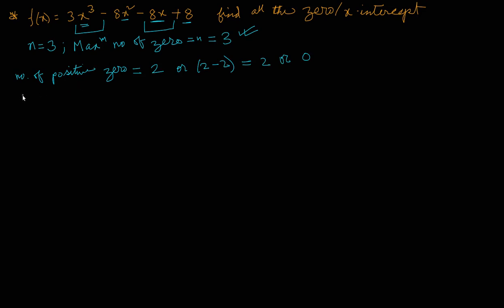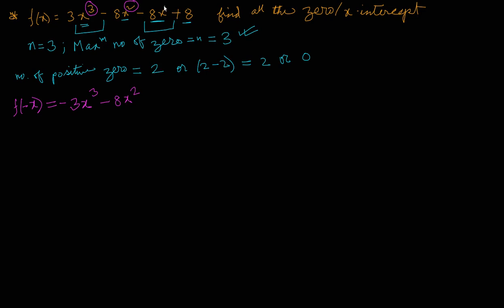Now let us see the number of negative real zeros. For that, I need to find the function of negative x. To find the function of negative x, you flip the sign of the odd power terms. This is cubed, so this sign is positive, make it negative, so negative 3x cubed. Do not change the sign of the even power term, so keep it negative x squared.